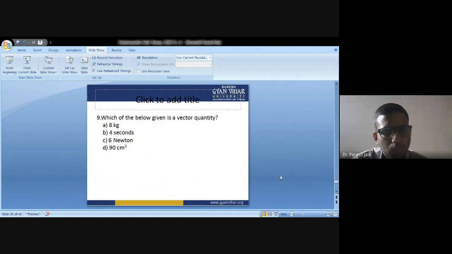Which of the below given is a vector quantity? 8 kilogram, 4 seconds, 6 Newton, 90 centimeter cube. Question number 10: which of the following is a scalar quantity? 80 meter cube, 5 Newton, 7 meter per second towards east, 55 meter per second square.